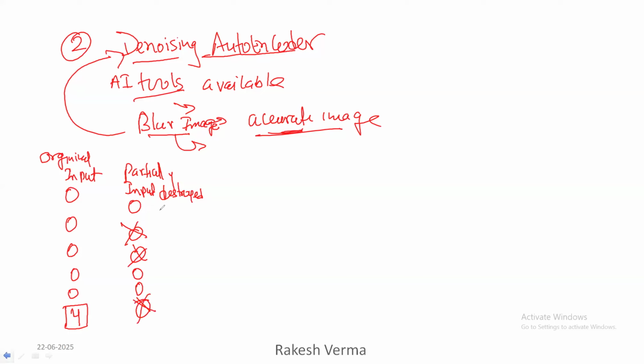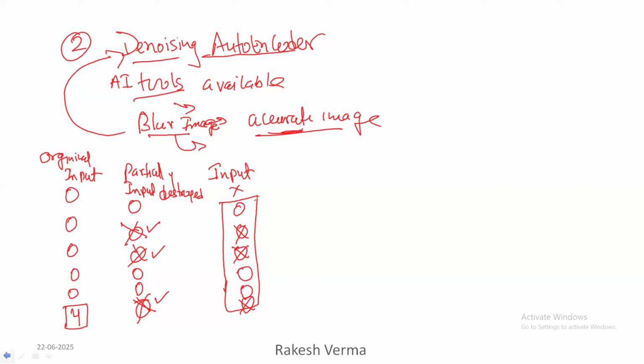So when we suppose this feature is removed from the input and we want to reconstruct those features of the image, then we can use a denoising autoencoder. Basically, we give this input x as an image input vector, and we consider those features which are removed from the image data.